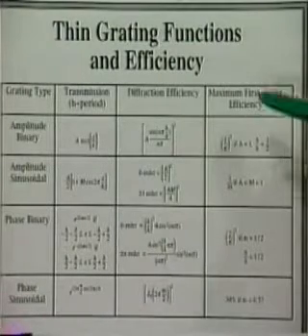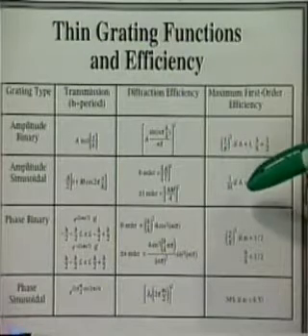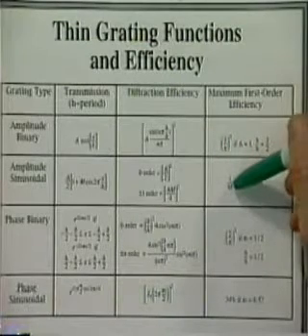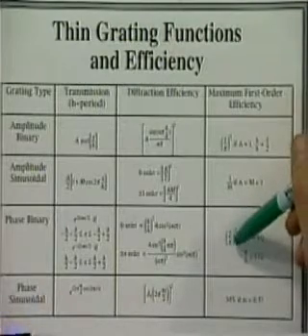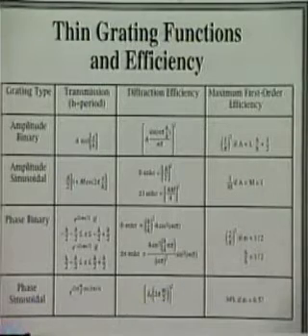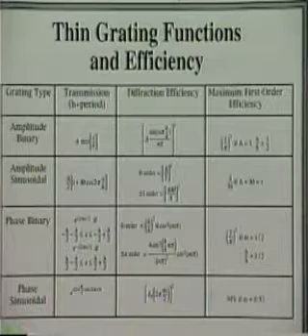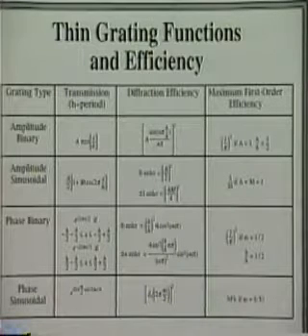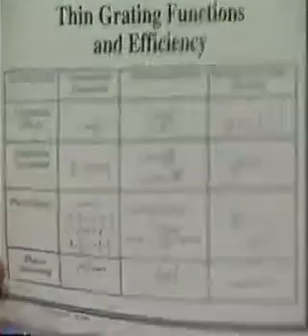Again, just summarizing: amplitude binary, the largest we had is 1 over pi squared. Amplitude sinusoid, 1 over 16. Phase binary, 4 over pi squared. And for phase sinusoidal, approximately 34%. Okay. Any questions on any of that?